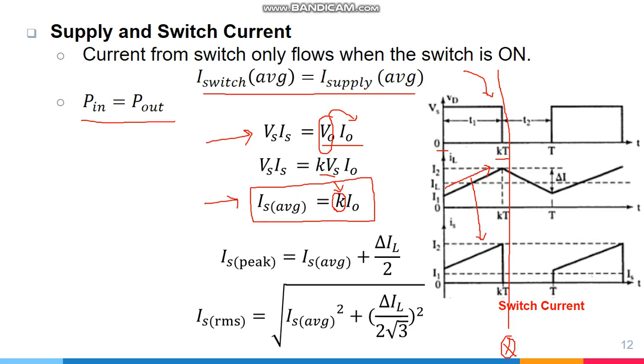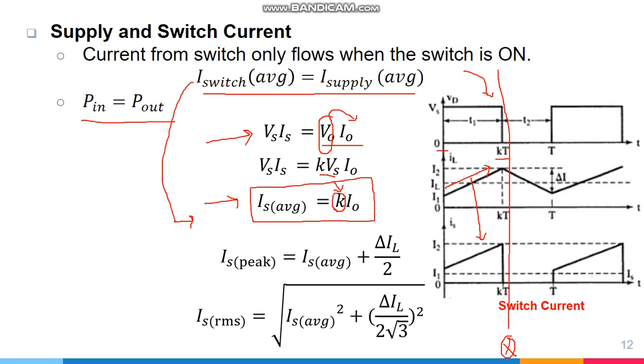And we have discussed that the switch is only operating when the supply is in operation in my circuit. Therefore the average value of the switch and supply current is the same, so Is average is equal to I switch average, and it is equal to K times I0.